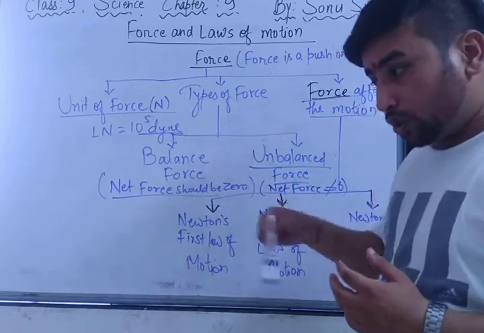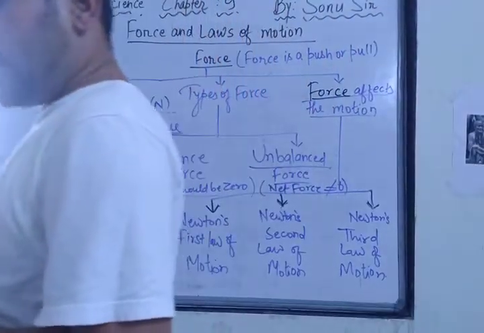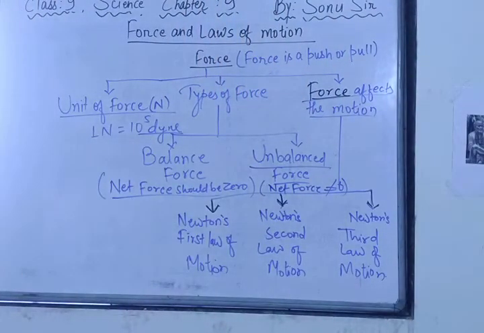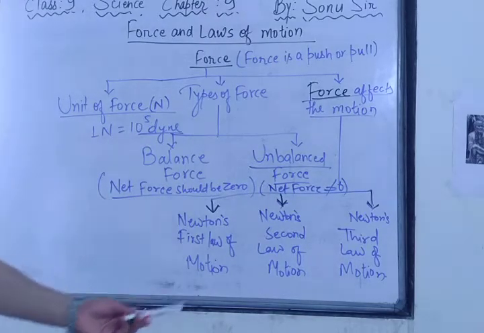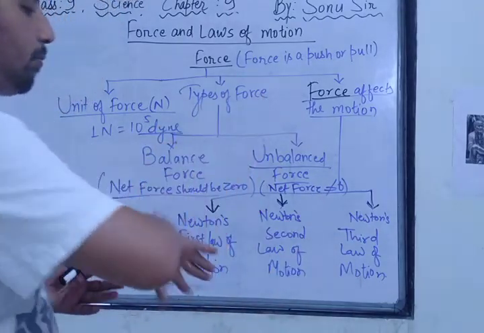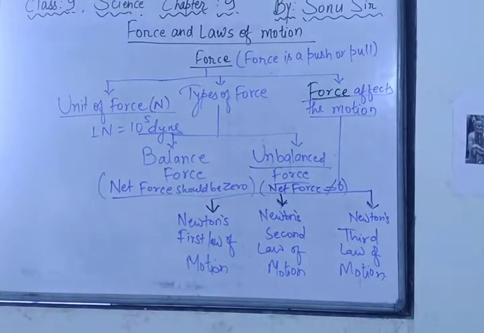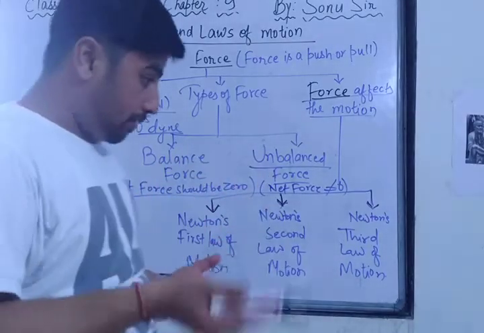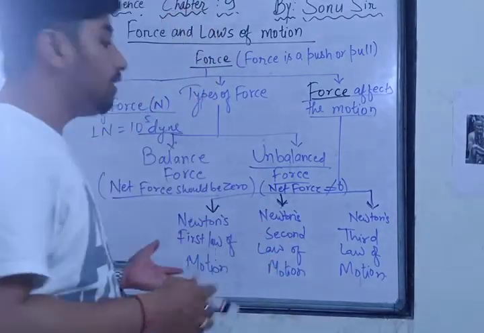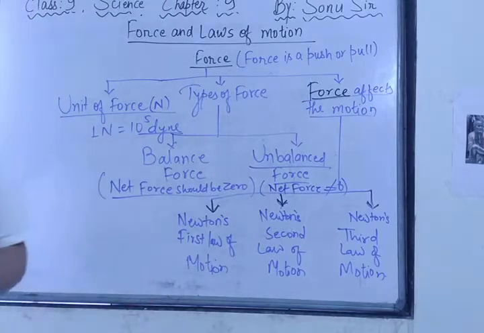The external force acting on a body opposes it, so that if it is at rest it changes into motion, or if it is in motion it changes into rest. A body which has greater mass has higher inertia. It means if the body has a very great mass, it will have a lot of inertia, higher inertia, and if the body does not have a greater mass, that body will have little inertia.